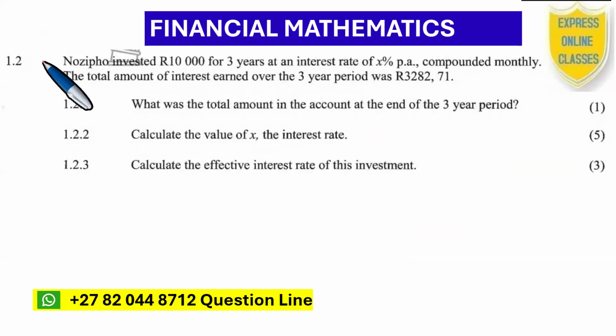The next question is about Nozipho. Nozipho invested 10,000 Rand for 3 years at an interest rate of x% per annum compounded monthly. The total amount of interest paid over the 3-year period was exactly 3,282 Rand and 71 cents.